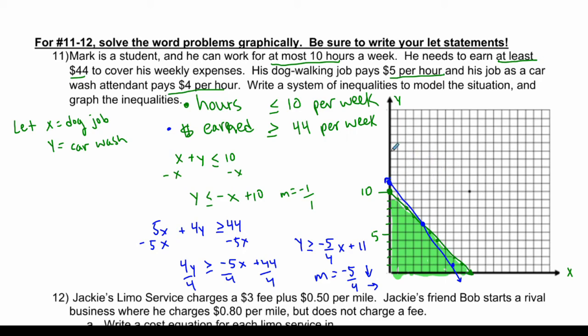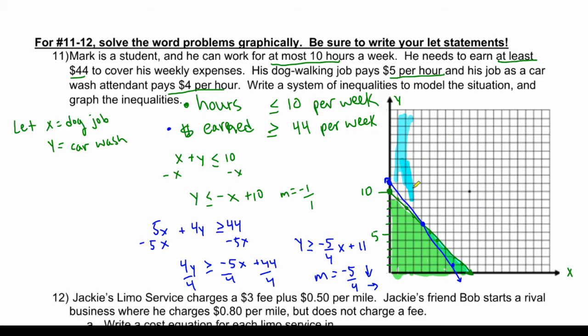Okay, now I definitely should have changed the scale. It would have been much easier to see the overlap here. My bad. We're going to have to shade above because it's greater than or equal to. And you can see right here is our little overlap region.